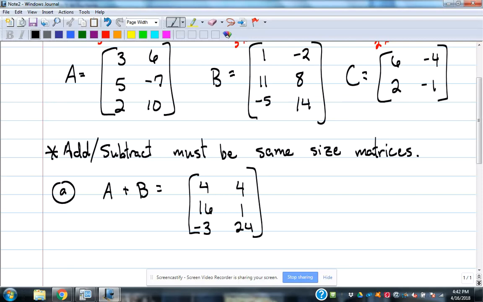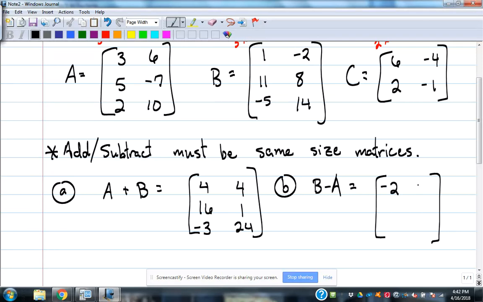Okay. Subtraction, same rule. If we did B minus A, it's got to be the same size in order to subtract. So we start with 2 3 by 2 matrices. We should get a 3 by 2 back. All right. So B minus A, 1 minus 3, negative 2.